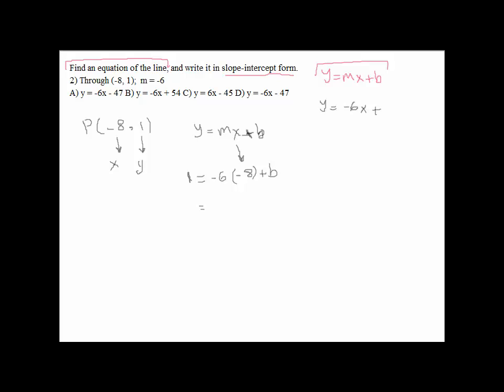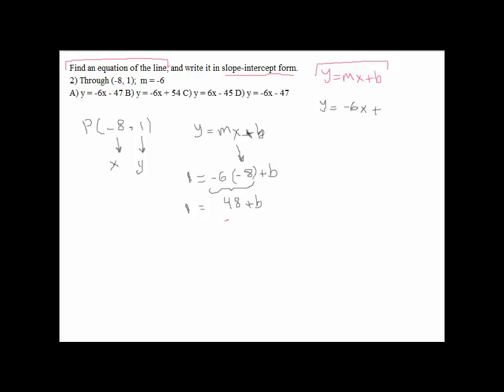Can somebody tell me what would B be equal to? Would it be 1? Anyone? Okay, it would be 1 is equal to -6 times -8, which would be equal to 48, right? Plus B. How do you solve for B here?